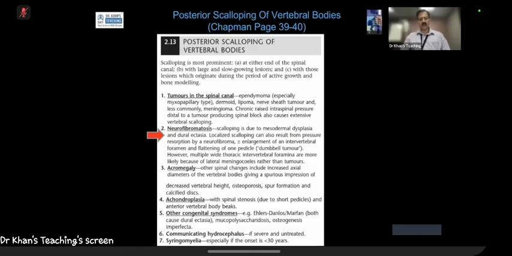Second thing in this case, which candidate 2 did well, was the stigmata of dural ectasia. So another thing which I could have asked was the differential diagnosis of posterior scalloping of the vertebral body: neurofibromatosis, in which there can be dural ectasia.